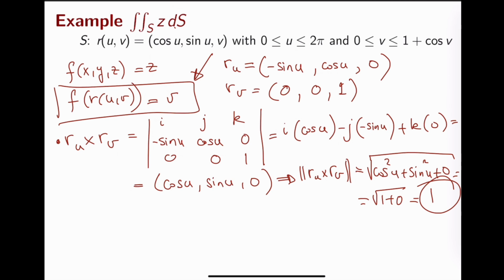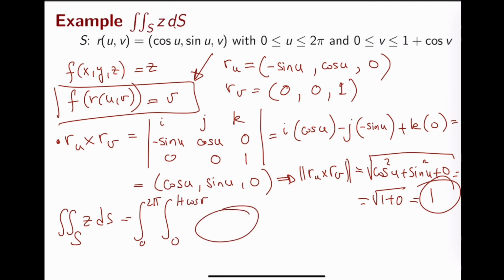Okay, so finally the surface integral over the surface S of z dS is going to be the integral over the domain D that is going to be given by this. This is going to be the integral from 0 to 2 pi of the integral between 0 and 1 plus cosine of u.